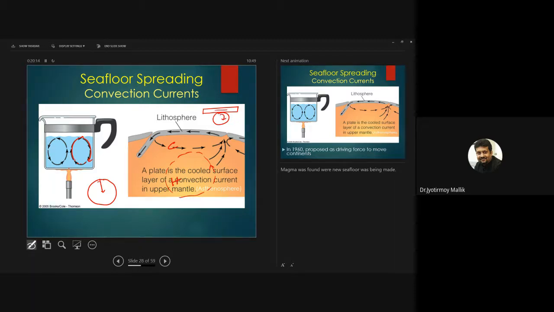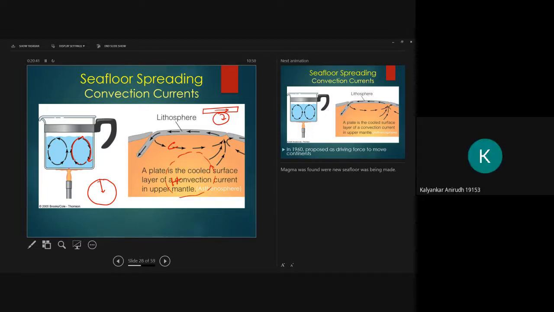This slab would translate. Right? So think about this rolling ball to be the convection cycle, and that is being initiated because of the thermal instability. And because of the rolling of the ball, I have the translation or the movement of the plate. Okay. So any other question?